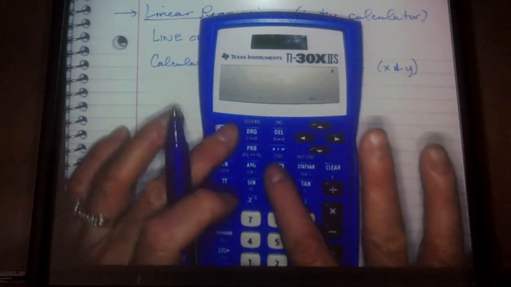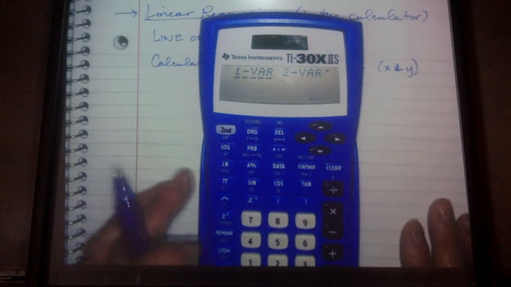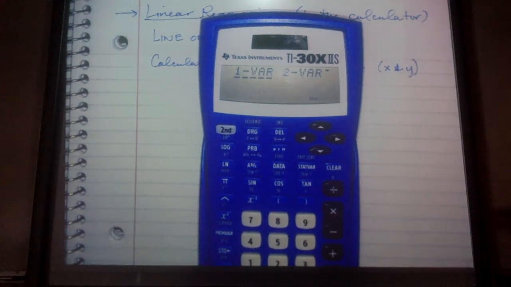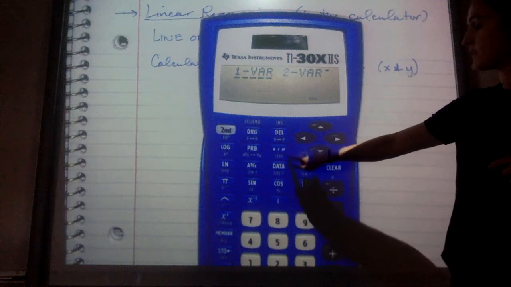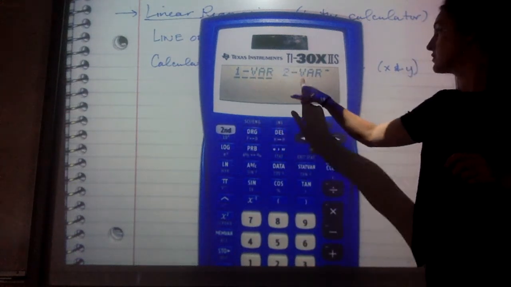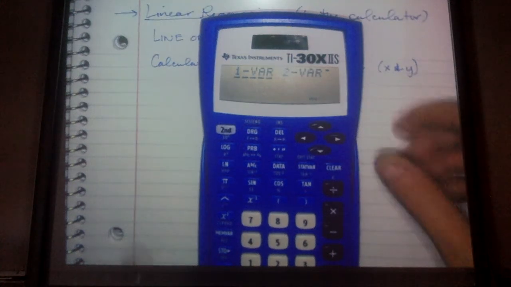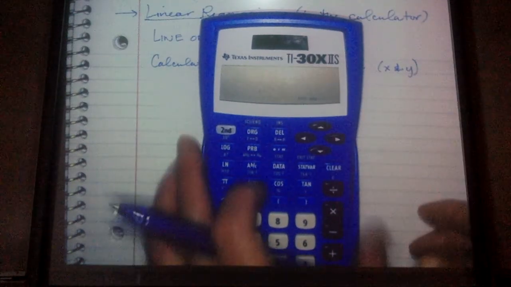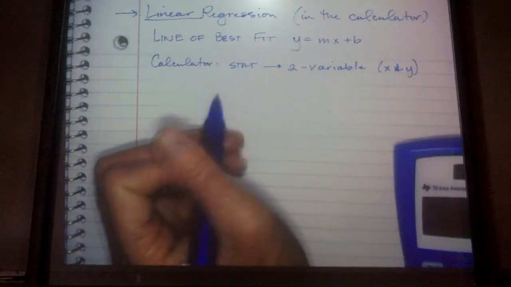I have to shift stat, because the stat word is in yellow above the button. And then notice I have one variable, two variable, so I need to select two variable data and hit enter. The next thing I'm going to do is enter my data.